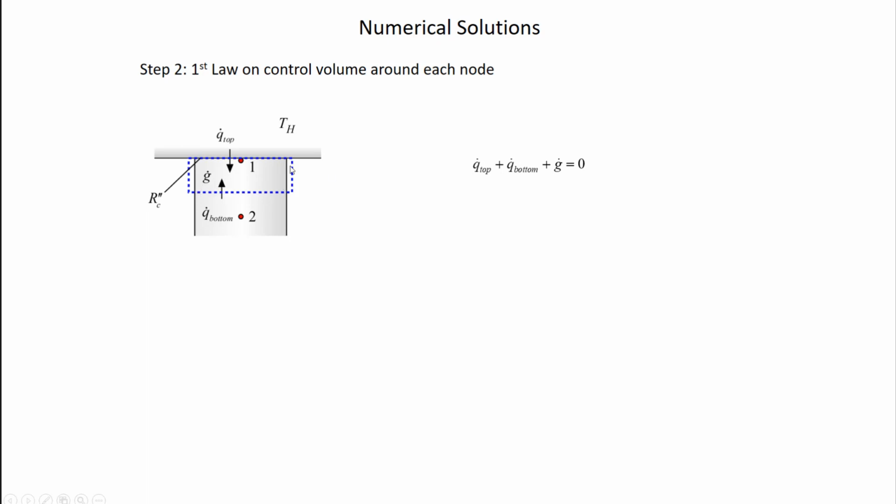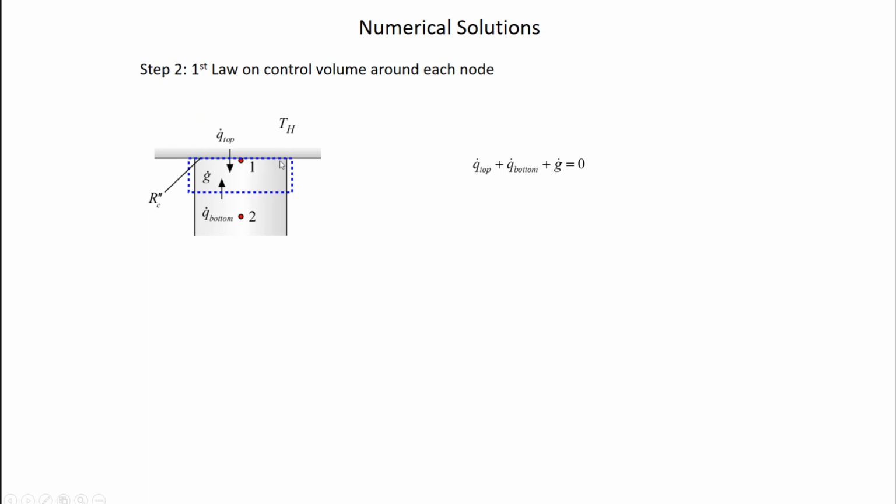So here's my control volume. It goes around the material near node 1. You'll notice that it's half as big as the other ones. I'm not going to take this control volume and extend it out into material that isn't part of my computational domain.